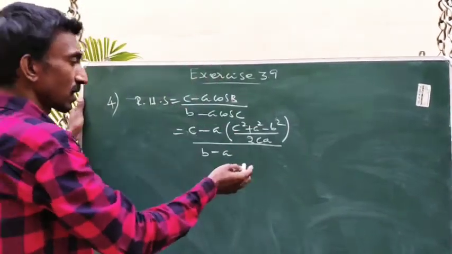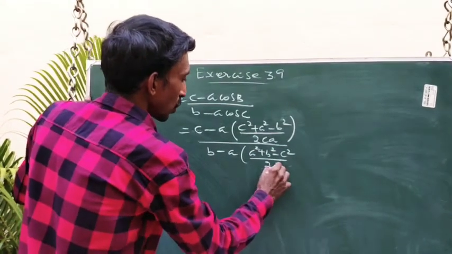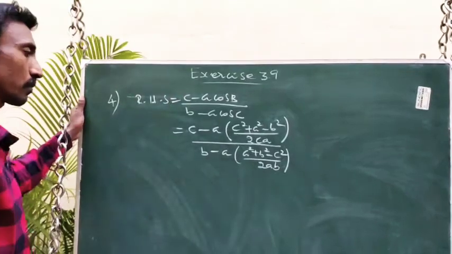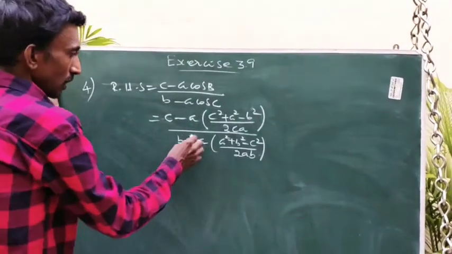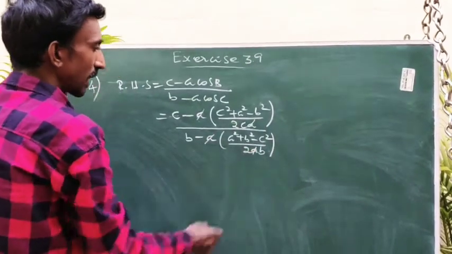Again, C means start with A: (A square plus B square minus C square) by 2AB. Look here. If we want, we can cancel A, and here also A cancels.